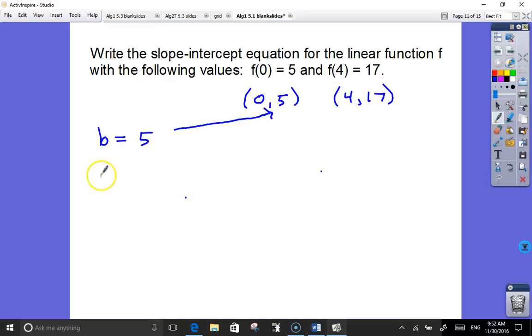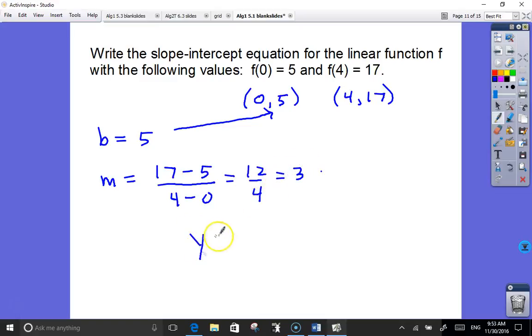And then you have to calculate the slope. m equals 17 minus 5 divided by 4 minus 0, which is 12 over 4, which is 3. So what is the slope-intercept equation of the line? 3x plus 5.